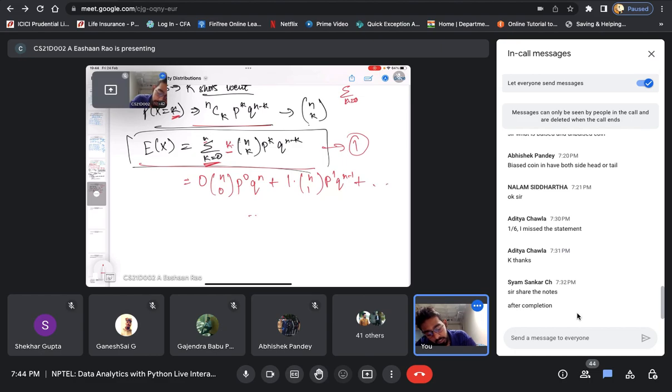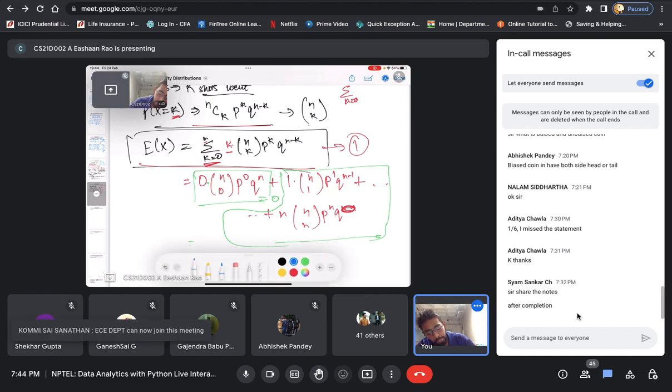Similarly, nCn, p raised to n, q raised to n minus n, that is 0 here. So this term is equal to 0 because I'm multiplying something with 0. If I remove this term, again I have to focus on this highlighted part of the equation.